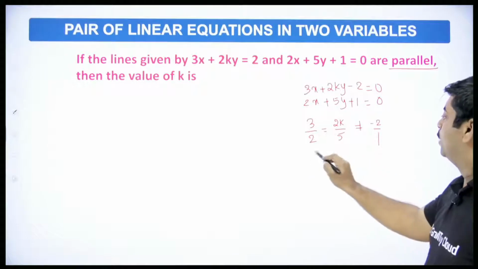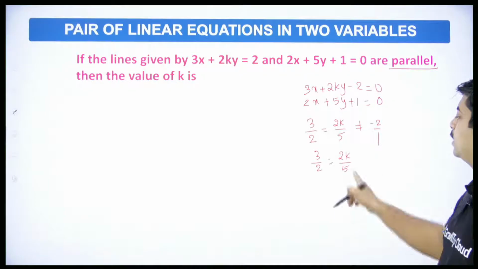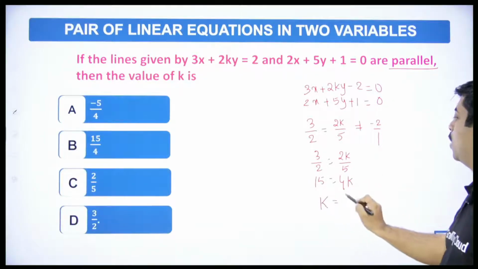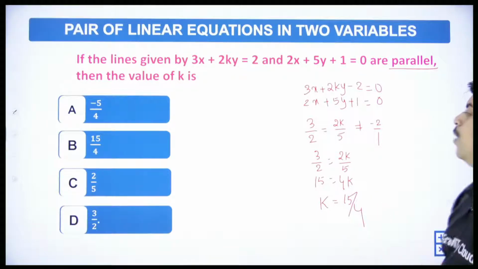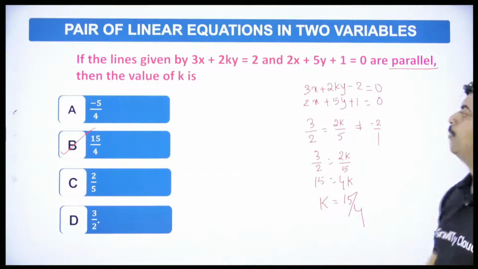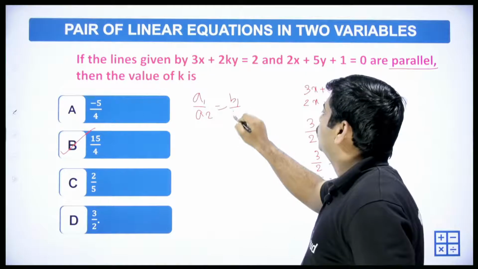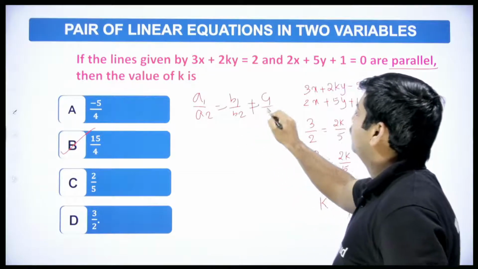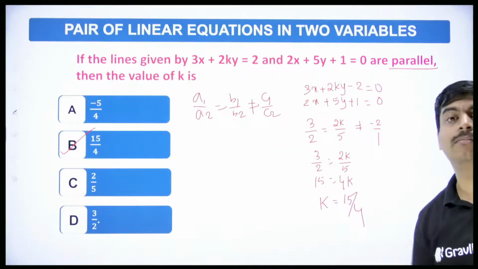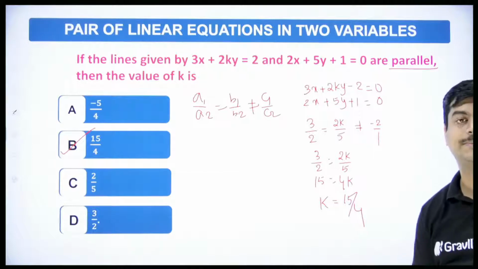Equating these two, 3 by 2 is equal to 2k by 5. If you cross multiply, 5 times 3 is 15, so 15 is equal to 4k, and the value of k will be 15 by 4, which is option B. The only relation we need to form here is a1 by a2 equal to b1 by b2, not equal to c1 by c2, or else that will become coincident lines. So here we need to have parallel lines.